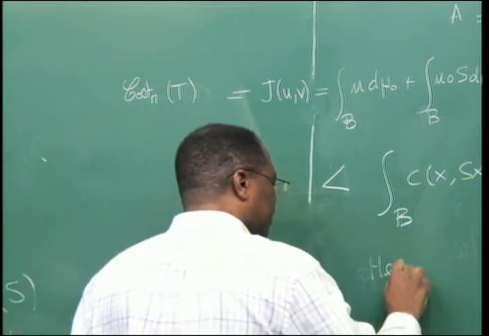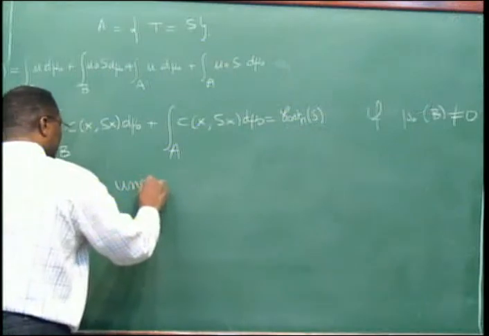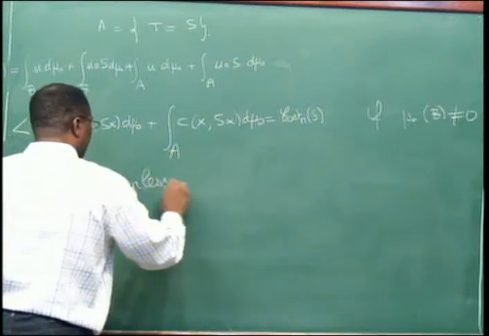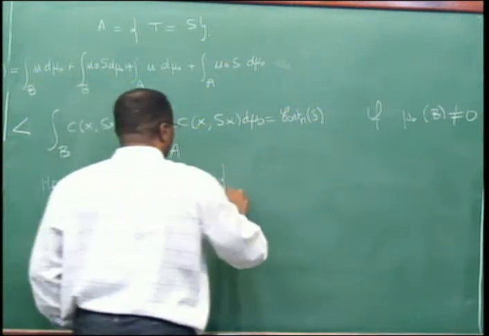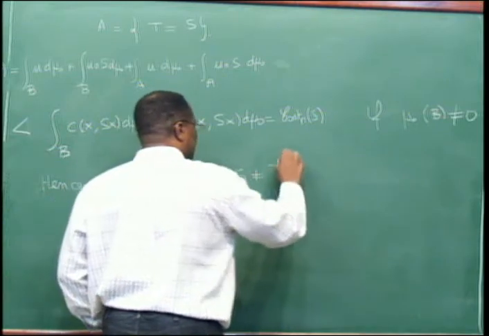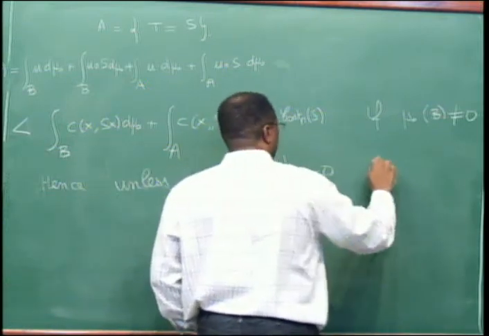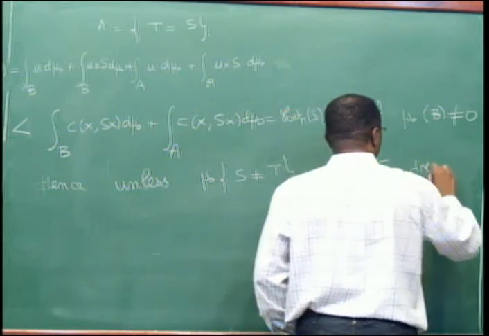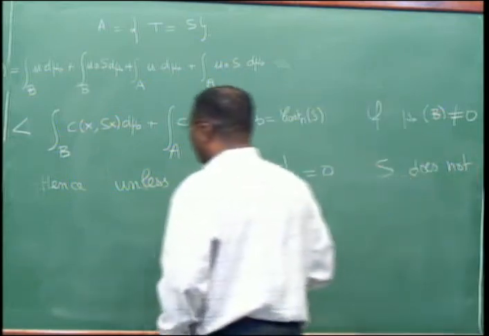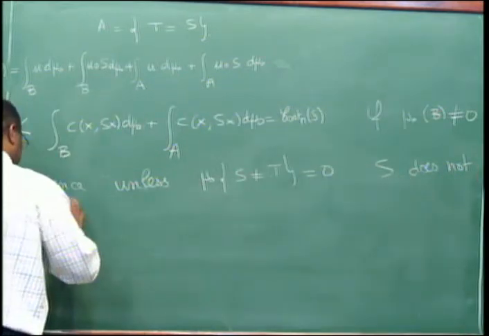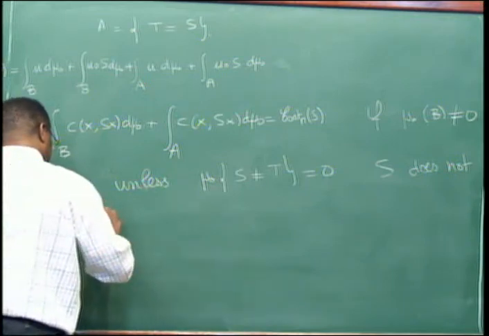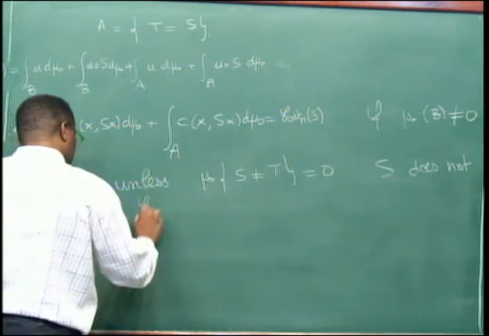Hence, unless the measure where S is not T is 0, S does not minimize the Monge cost.